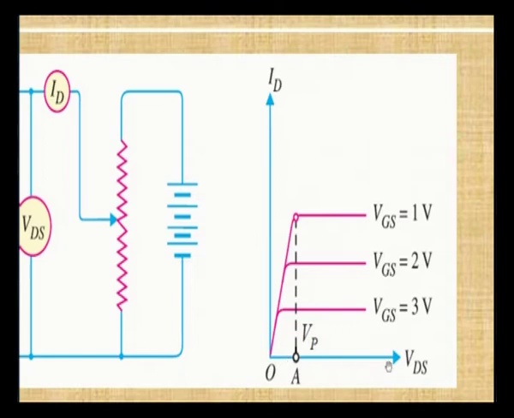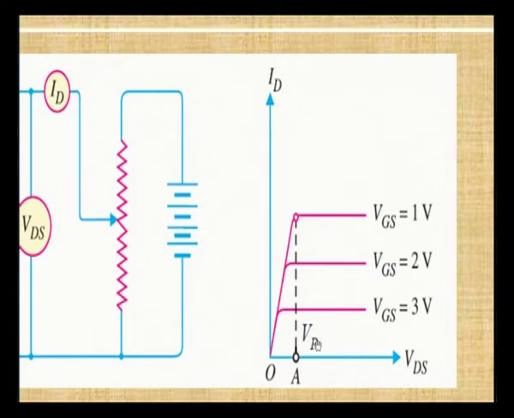This is the output characteristics, which we also call drain characteristics, where the drain current ID versus drain source voltage is plotted, keeping gate to source voltage constant. Here we can observe that we will get a family of curves for different values of gate to source voltage. And here there is one more voltage called Vp, that is the pinch off voltage.